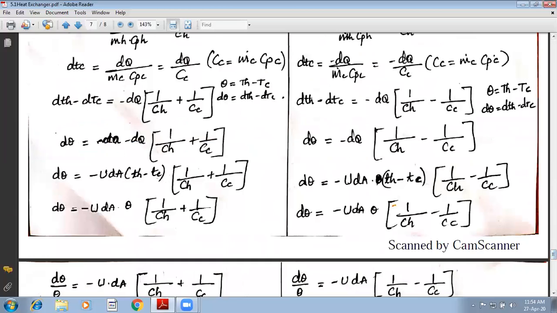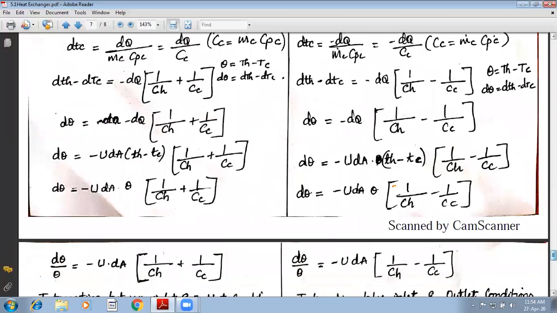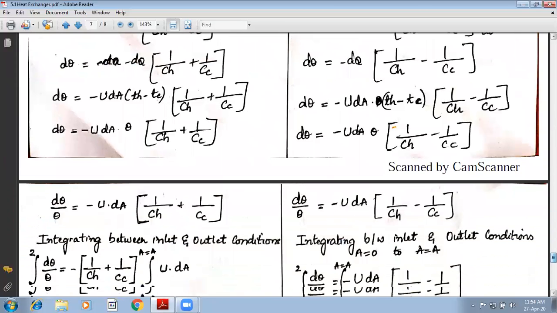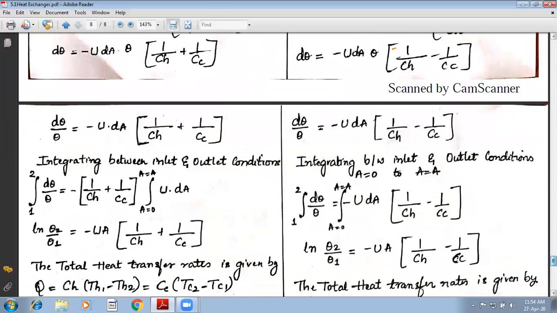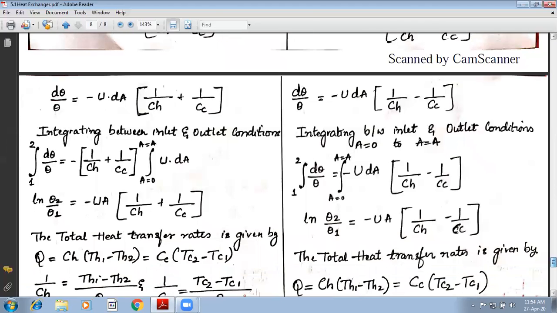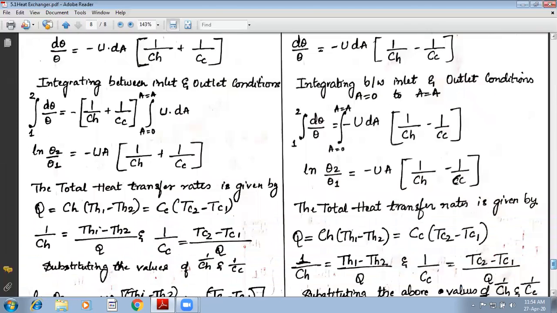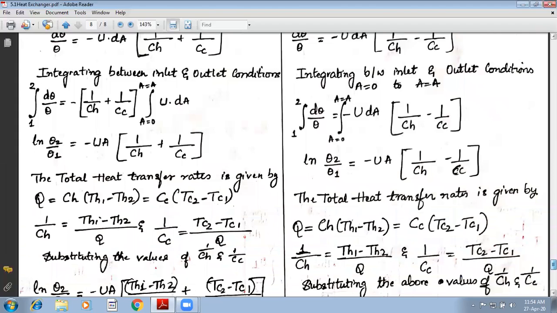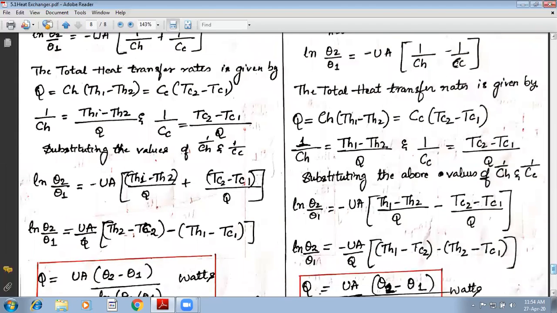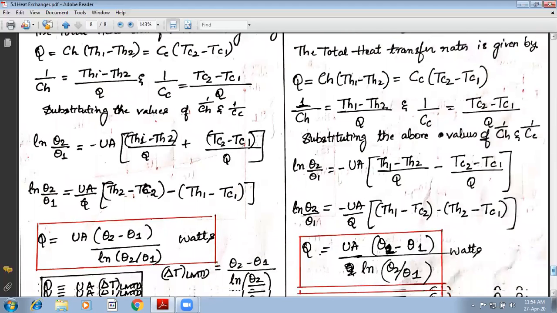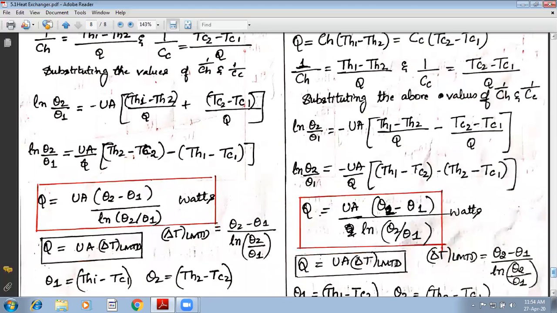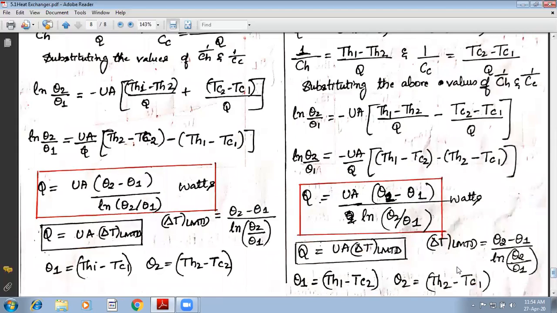If you follow the same procedure that we followed for parallel flow, you will end up with the same expression, that is Q is equal to UA into LMTD, where LMTD is theta 2 minus theta 1 divided by ln of theta 2 by theta 1.